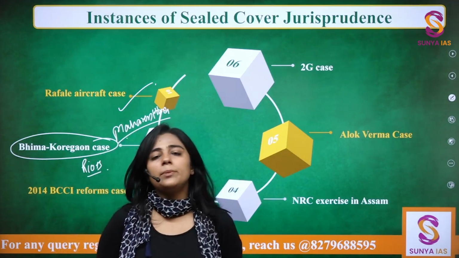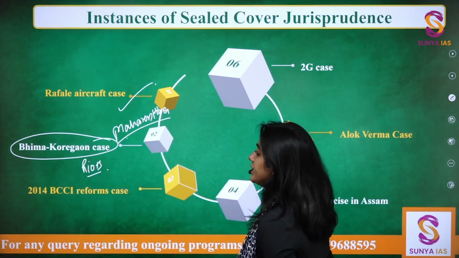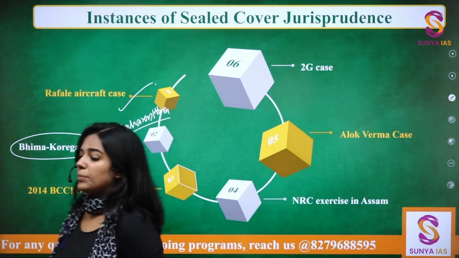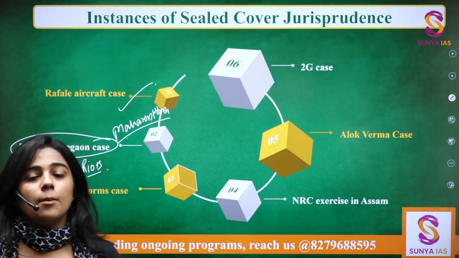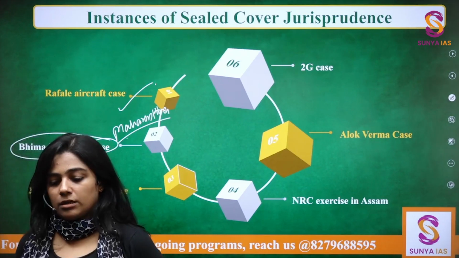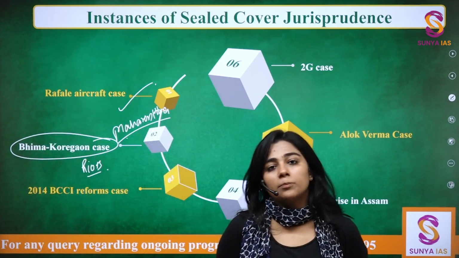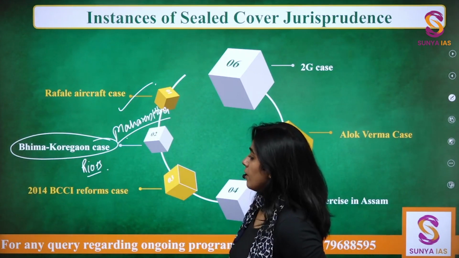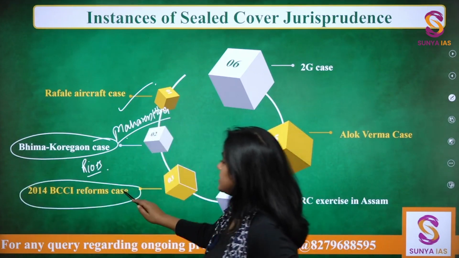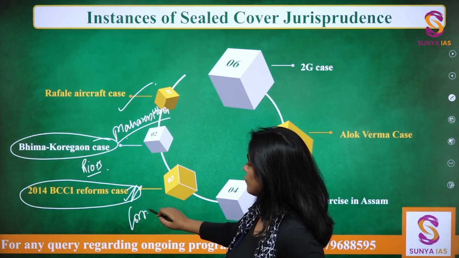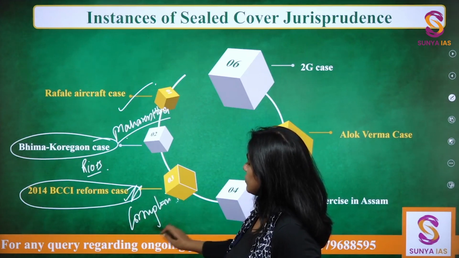So similarly, in the Bhima Koregaon case, the Maharashtra government did implicate some people, calling them rioters, but it did not release publicly the kind of proofs that were there against them. Then the 2014 BCCI reforms case, the cases of corruption in BCCI that were reported.